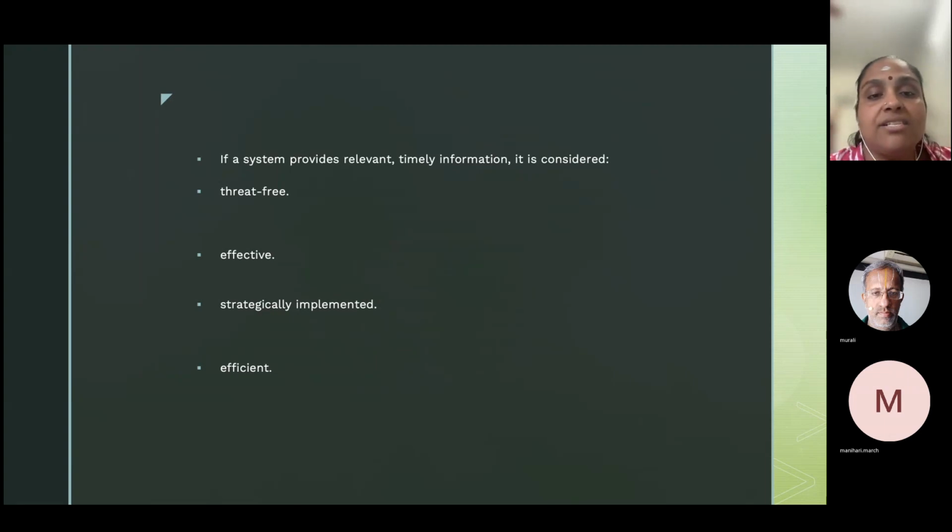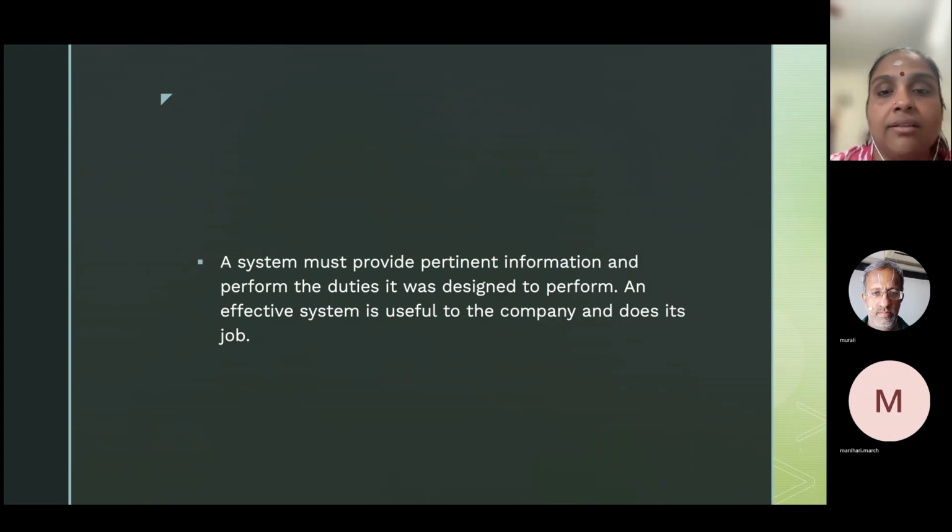Threat-free, effective, strategically implemented, efficient. Relevant and timely information. I think it's effective. Exactly. Like I told you, timely means effective. Anything to do with resources will be efficient. Productivity is efficient. Useful to the company and does its job.